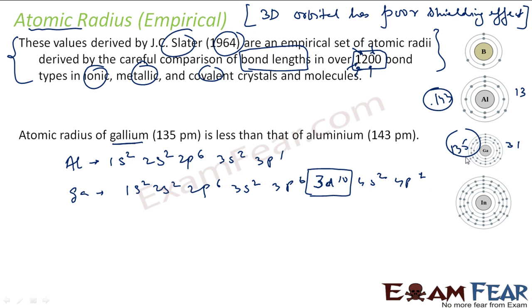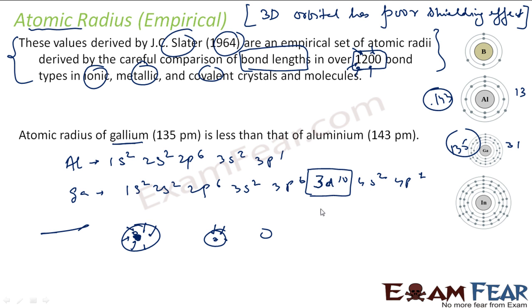Now since the shielding effect is poor in this case, see, the reason for contraction of atomic size when you go from here to here in the same period was that the nuclear charge increases, and the nucleus is able to attract the electrons more.